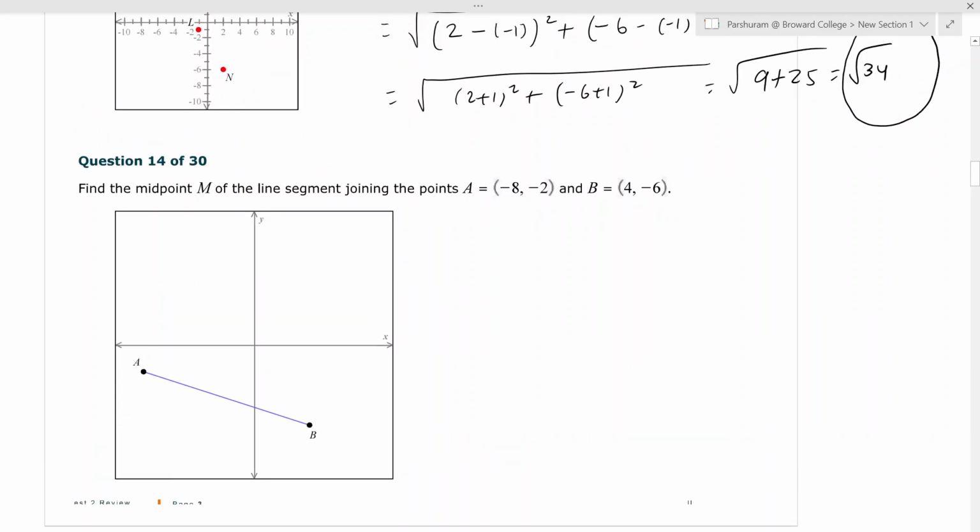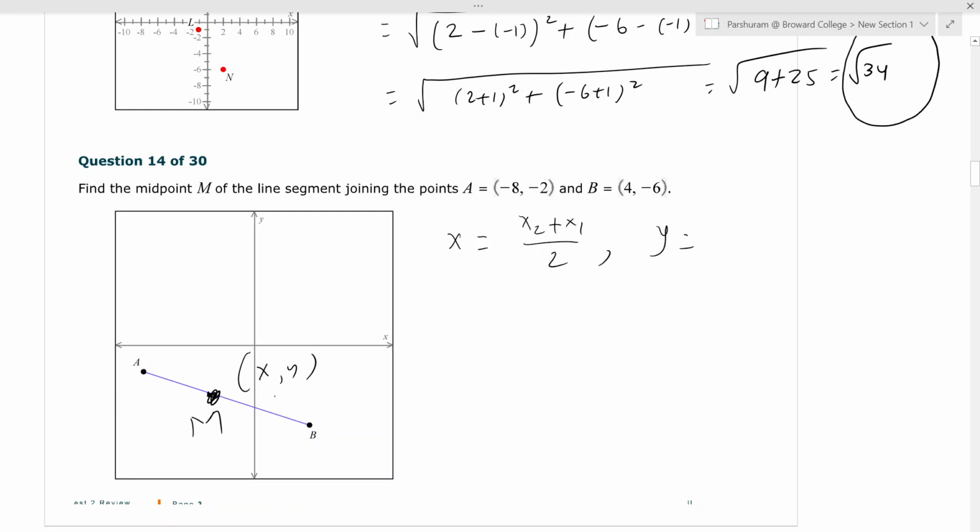Let's go to problem 14. We are asked to find the midpoint of a and b. Let's say somewhere here is the midpoint, x and y. There is a formula for the midpoint. The x can be found by finding the average of the x coordinates of these 2 points.